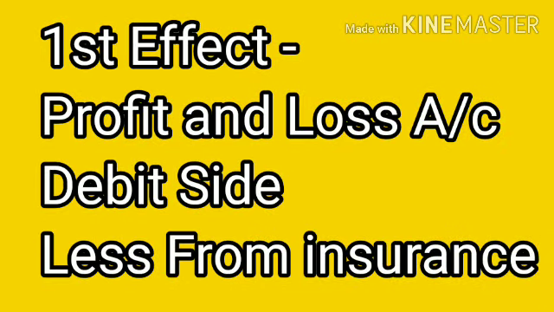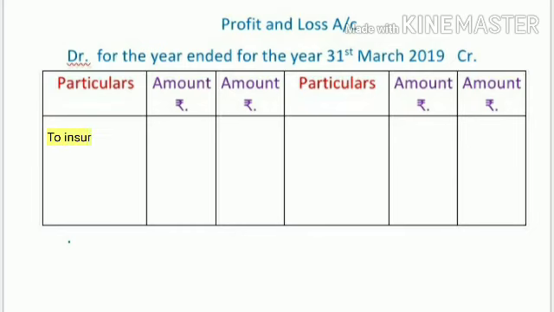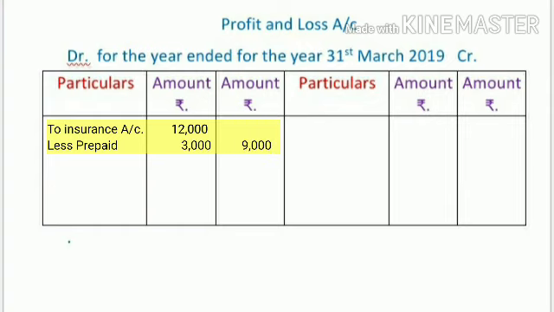First effect, profit and loss account debit side, less from insurance. Here in profit and loss account debit side, to insurance premium rupees 12,000 less prepaid insurance rupees 3,000, in outer column 9,000. Do you understand, student?